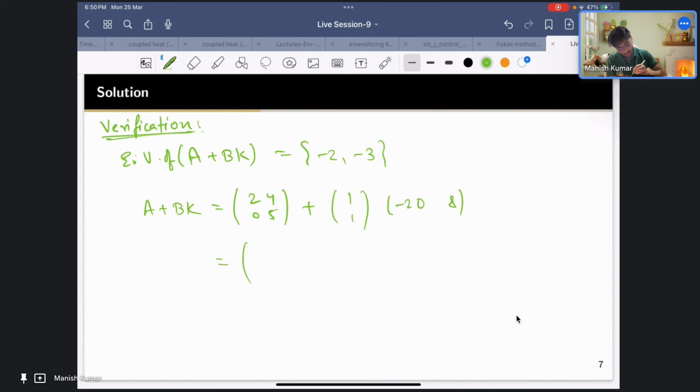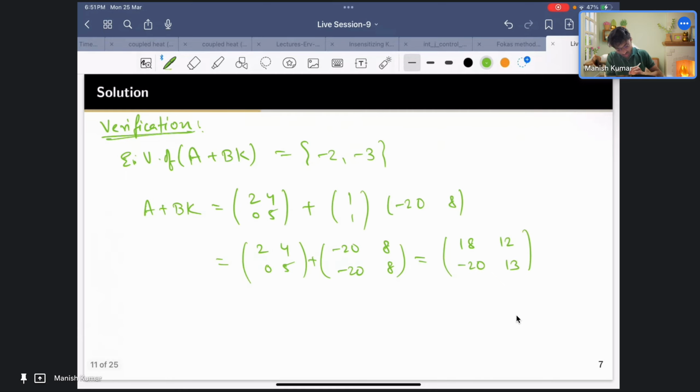So if I do this multiplication, this would give me minus 28 plus 18 and so on, giving 18, 12, minus 20, 13, right?